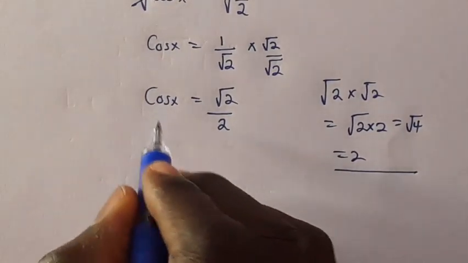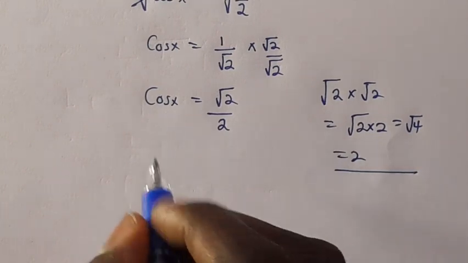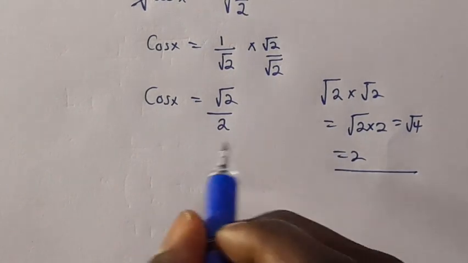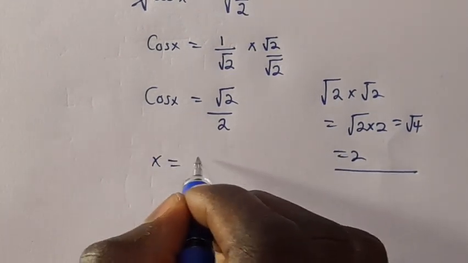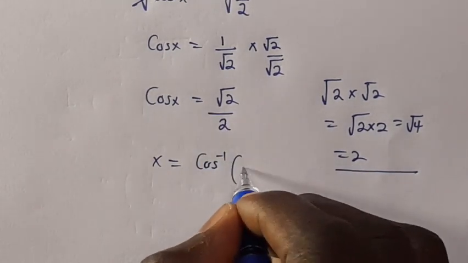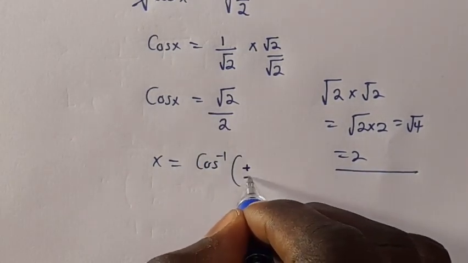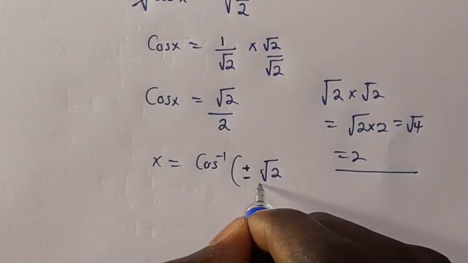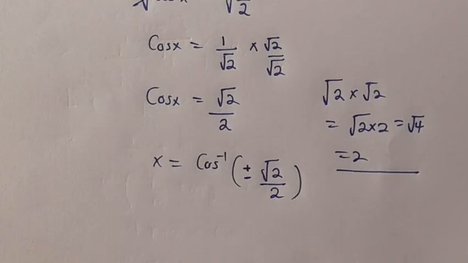So now, from here, to get the value of x, we have x equals cos inverse. Now, this is going to be 2 solutions, so we can have it to be positive or negative square root of 2 divided by 2.